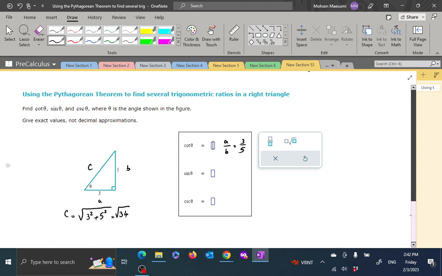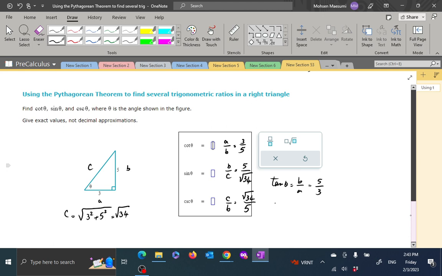And then sine is the ratio of B over C, and that's going to be 5 over radical 34. And cosecant is just the reciprocal of this, which is C over B, and that is radical 34 over 5. What is left? Tangent is the ratio of opposite to adjacent, so that's going to be 5/3.